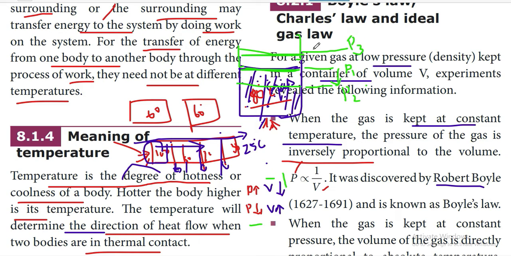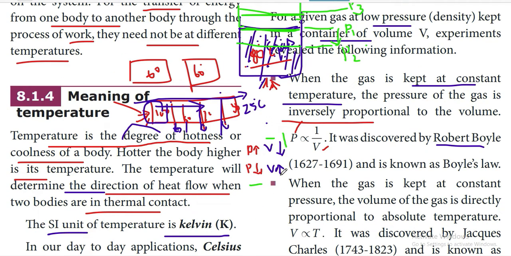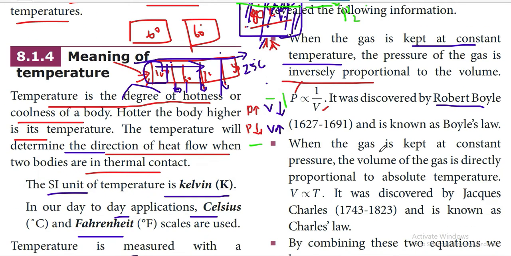Now what will happen? The gas within this container will have more space to move about. So naturally the pressure gets decreased. When the volume increases, the pressure decreases. The pressure of the gas inside this container gets decreased. That's what Robert Boyle, or Boyle's law, says.